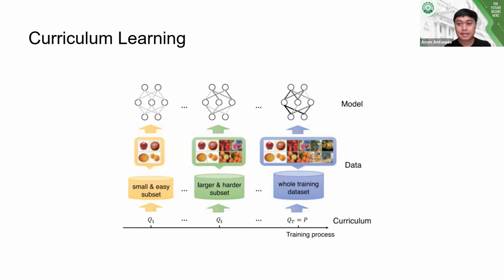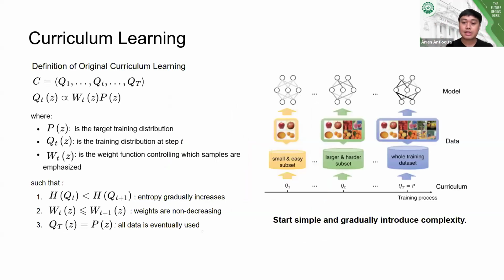But to mitigate that, as explained by Christian, you do not simply change the distribution of the data, but maybe you continually add and add, using the same small, easy subset of the data set, and you continuously add, so that by the end, you'll have the full training data set. Yeah, I believe that's why this condition was added in the original definition. The weights are non-decreasing, so that you don't forget the previous examples.